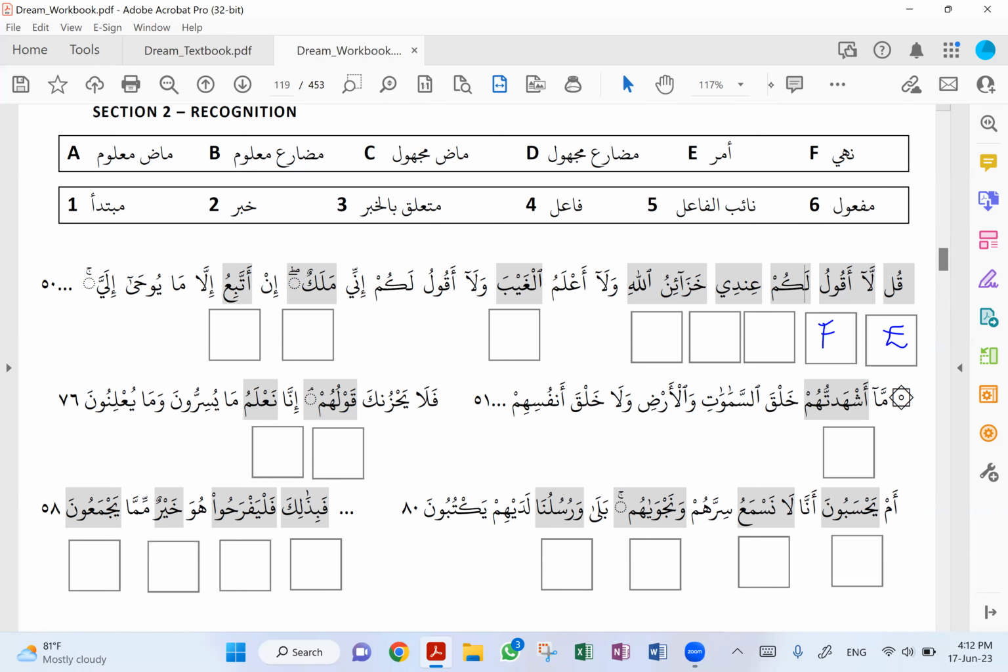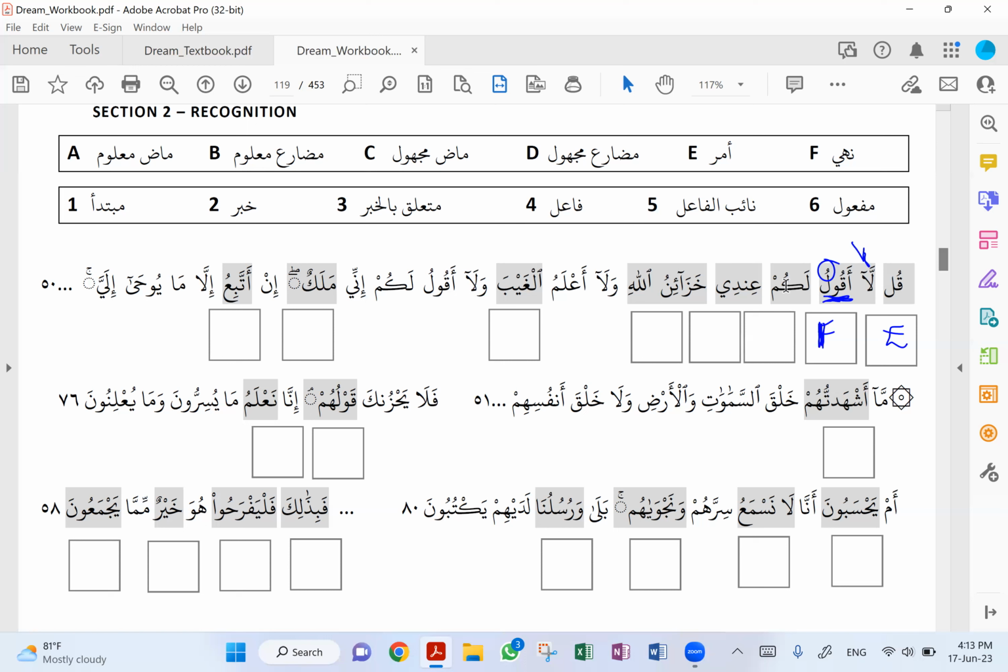So this is just a normal negation. Remember when we have la plus a mudari' that has a sukun, that is just normal. It's not light. أقول, I say. قال يقول, يقول, يقولان, يقولون, all the way up to أنا أقول. This is me saying. So that will be just a normal negation.